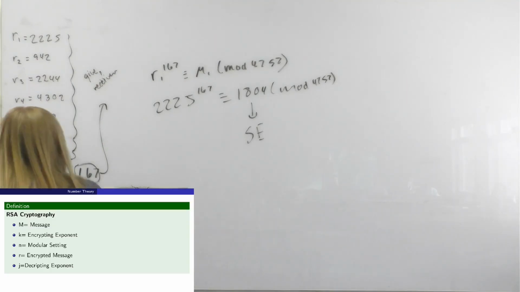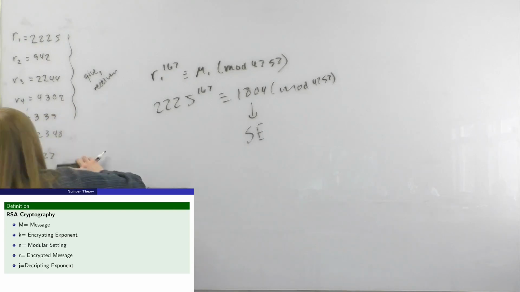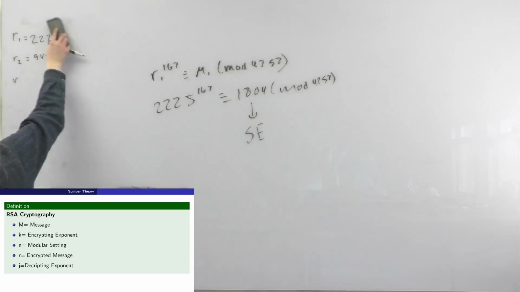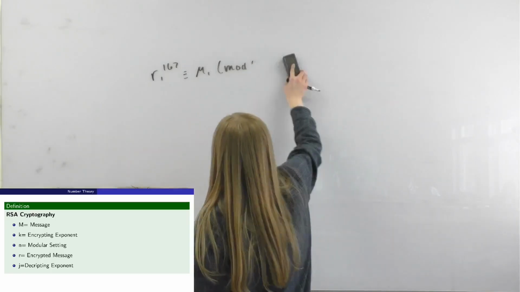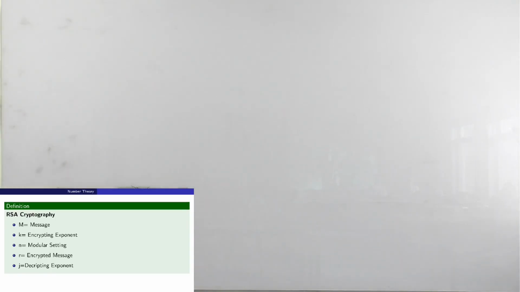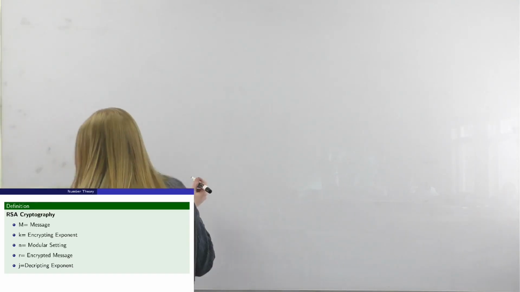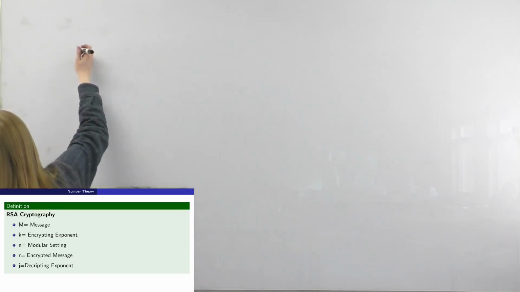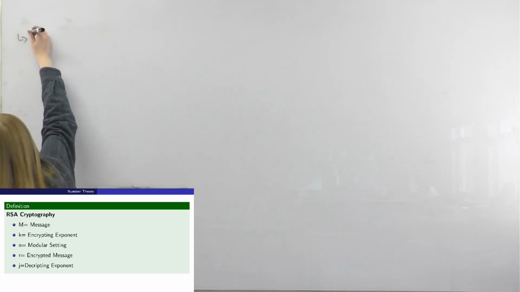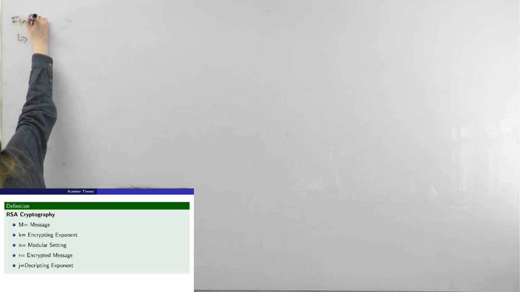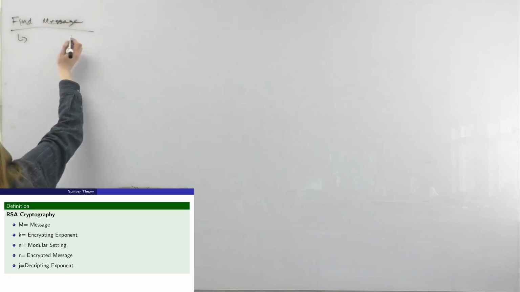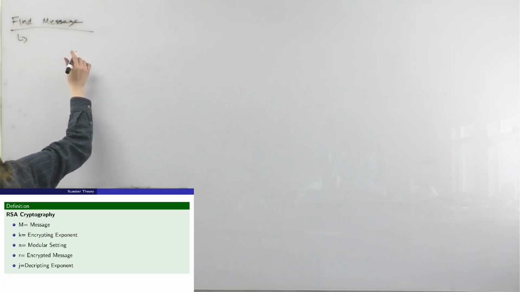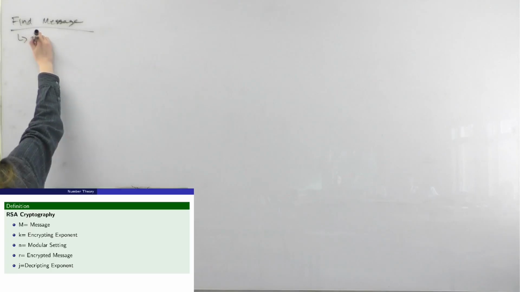But something that I think is a lot more interesting is how do we find the message? So we're going to define relatively prime.